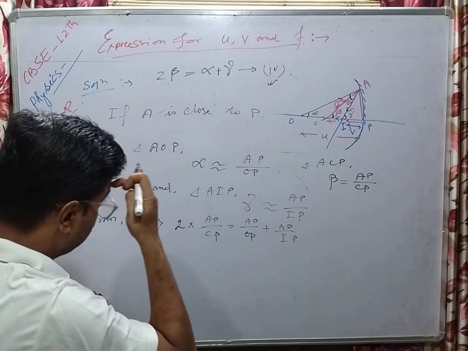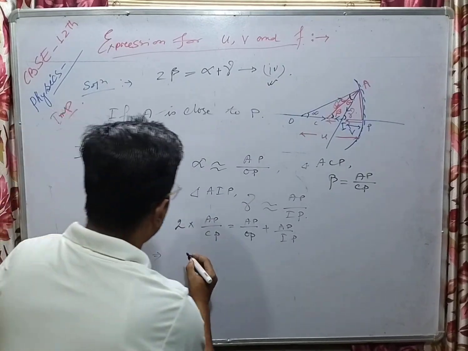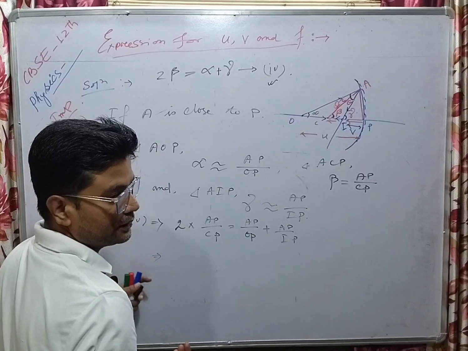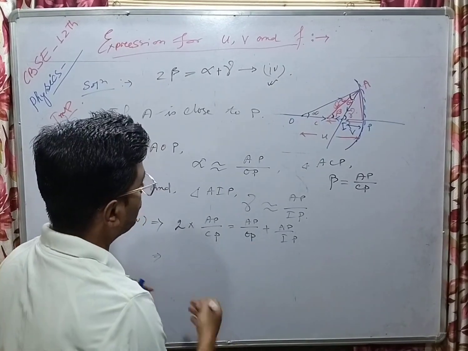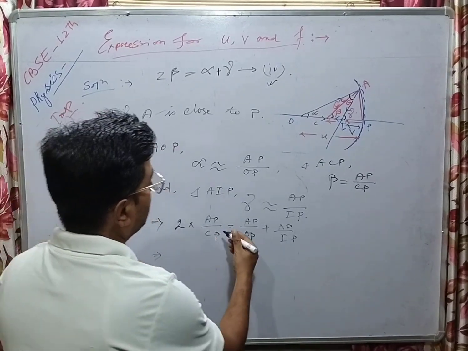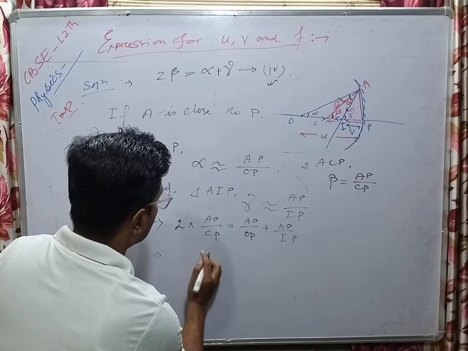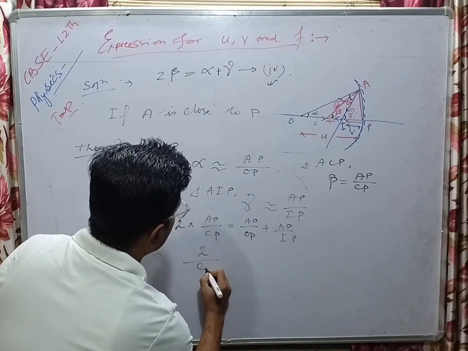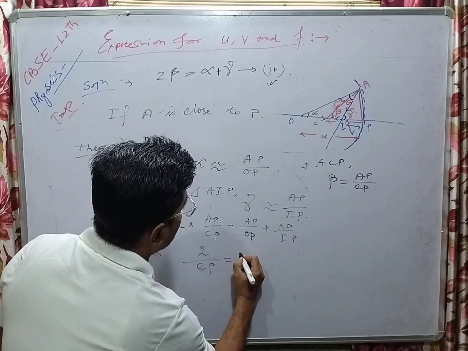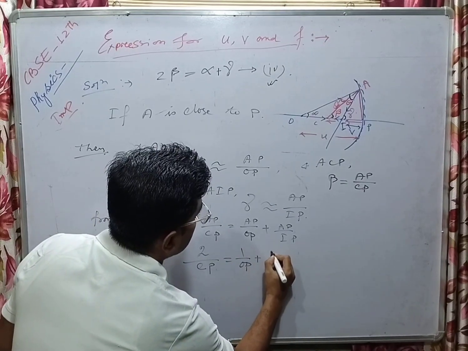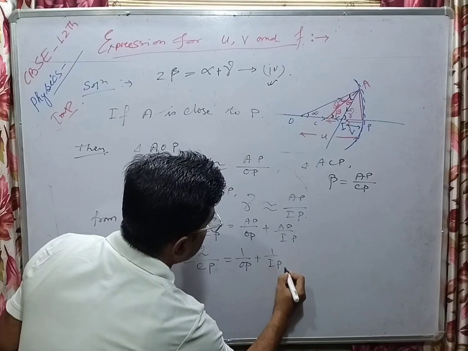Now students, AP will be eliminated from both sides of the equation, right? After elimination of AP, this equation becomes 2 by CP is equal to 1 by OP plus 1 by IP.